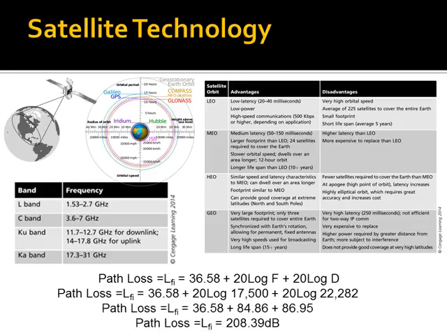Just as an illustration, if we take our free space path loss, and remember we've been dealing with pretty normal systems, our path losses have been 105, maybe 120 dB. Take a look what happens when we're doing 17,500, which is about halfway through this range of frequencies, and a geostationary orbit. 208 dB.